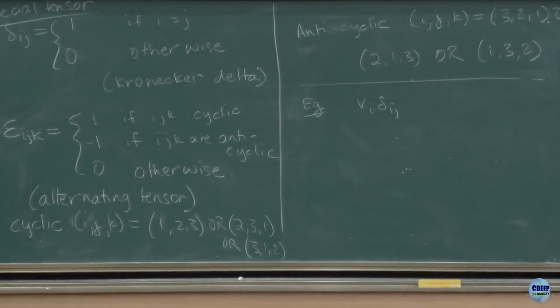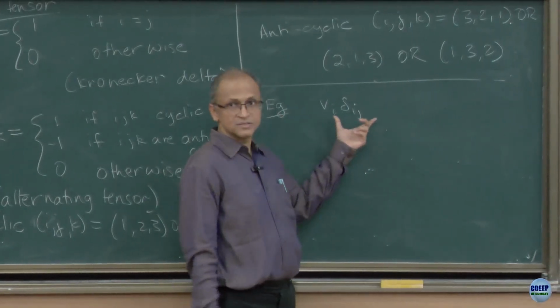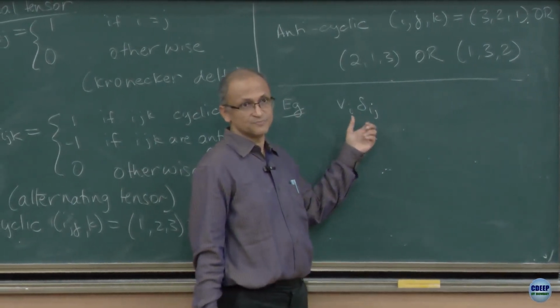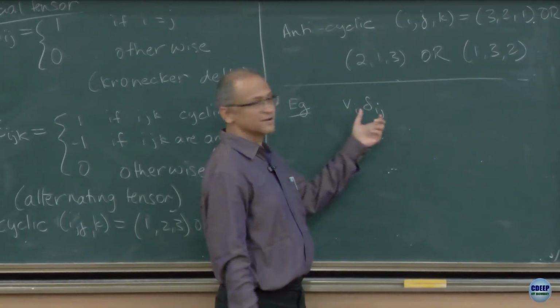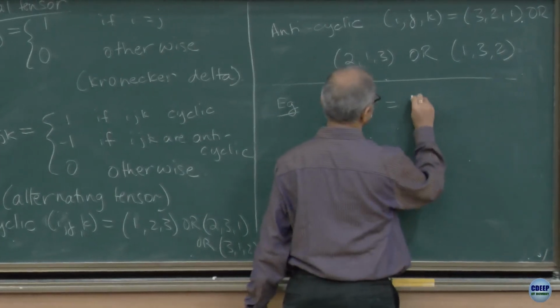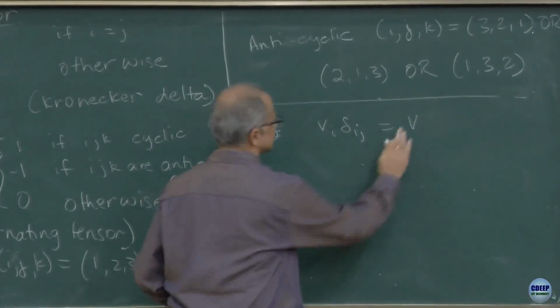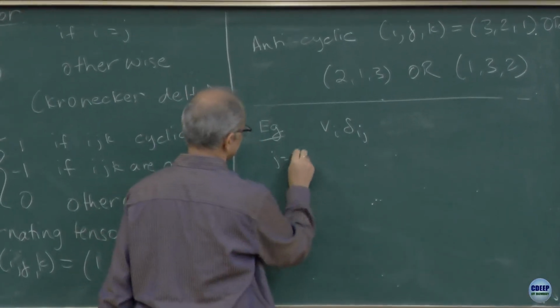Vi delta ij is a vector, and the free index is j. So I can expand it out. Let me take j equal to 1.